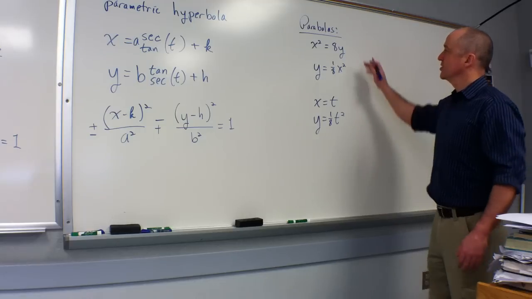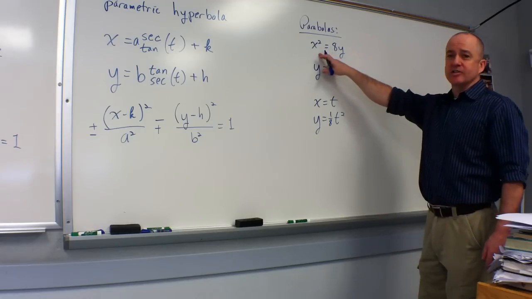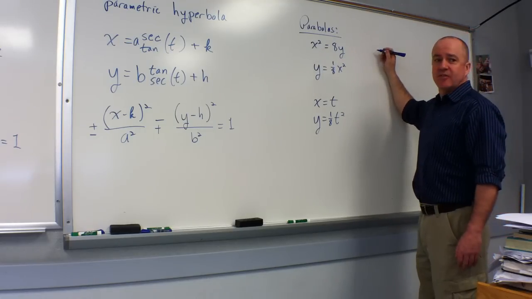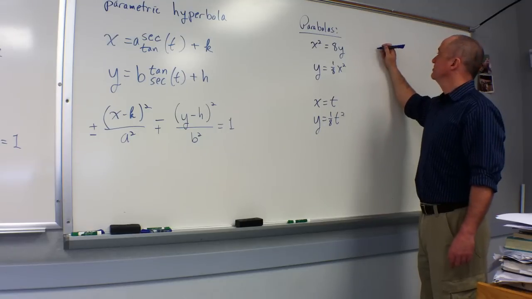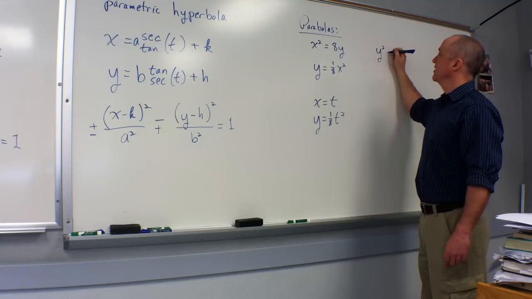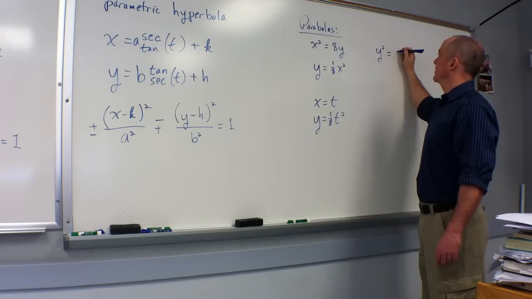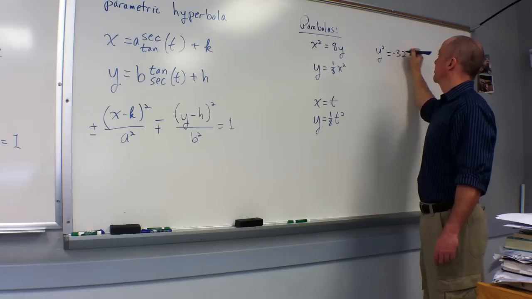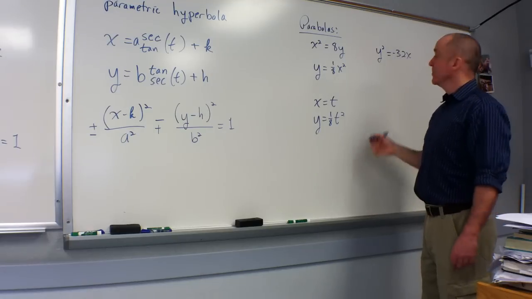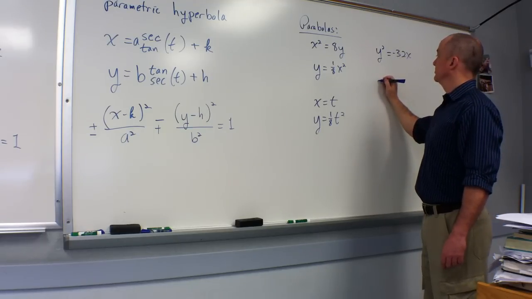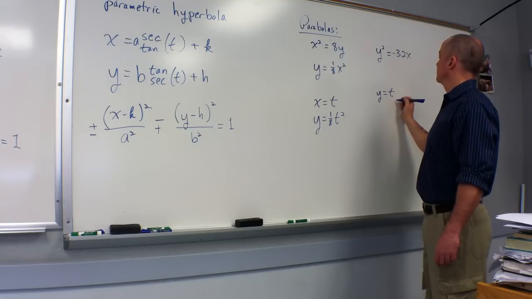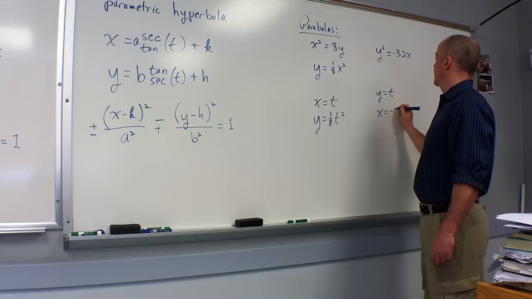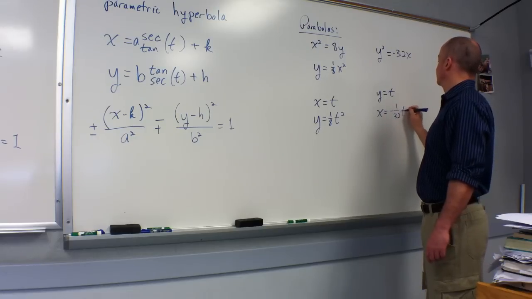The only difference is, what if you get one where the y is squared, since we introduced those last week? I'd make y equal to t then. So if I had y squared equals negative 32x, for example, I would just say y is equal to t, and then x would be negative 1/32 t squared.